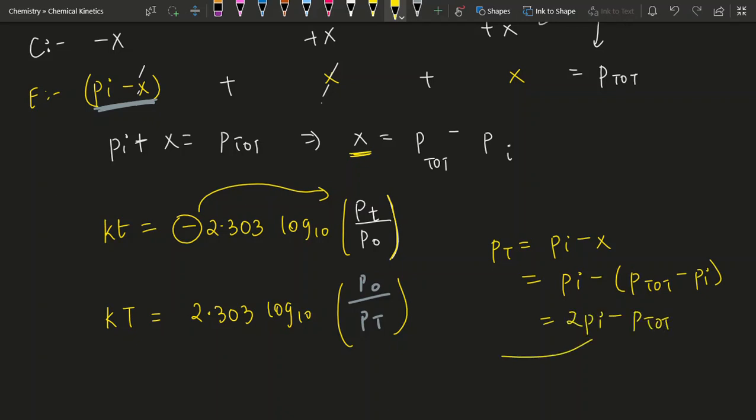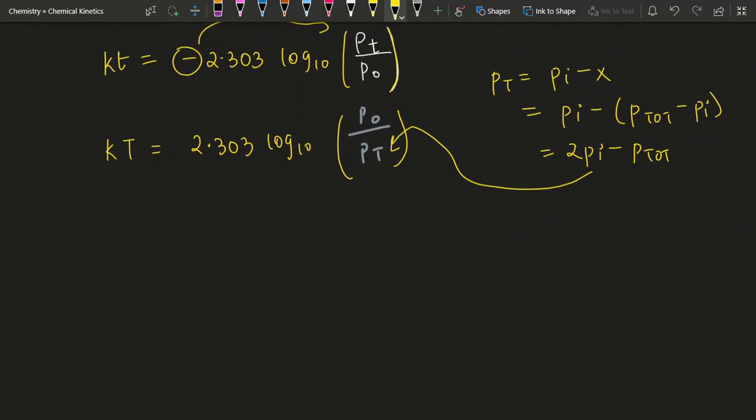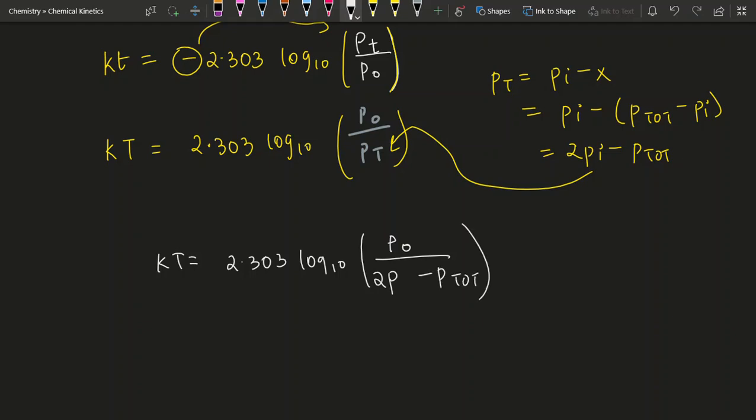And you plug that in right here, and in the end you would arrive at kT equals 2.303 log to the base 10 of P naught over 2pi minus P total. And one thing that we also need to substitute is that the initial pressure here, we took it to be pi.